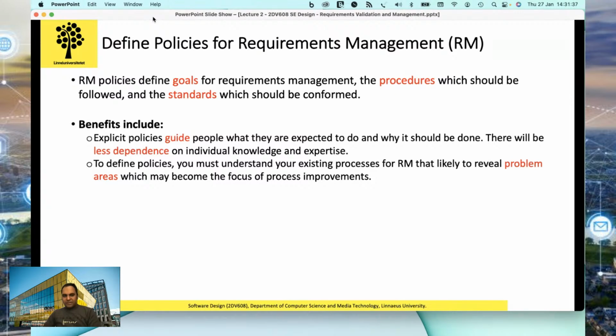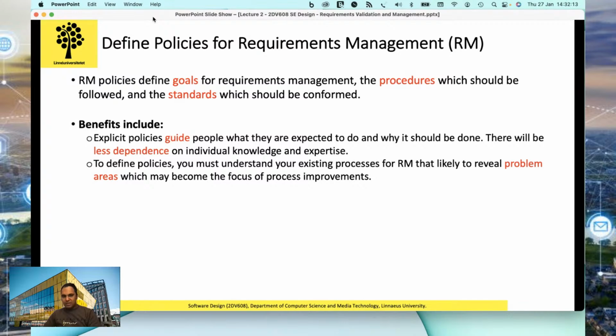So there are many benefits. Of course, these policies for requirements management work as a guideline for the people. And if there is a guideline, we know that people will be less dependent on each other, and they can work more independently. And also, if you have a well-defined requirements management policy, this will also help you to identify problem areas, because your requirements might change.